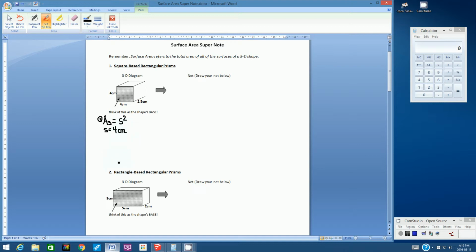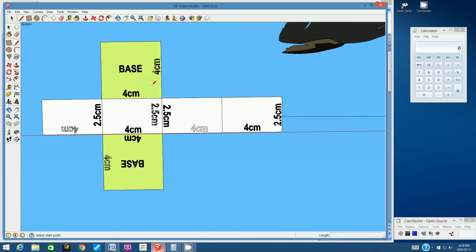Okay, so let's substitute what we know into our formula. Area equals 4 times 4 equals 16 centimeters squared. So 1 square is going to be 16 centimeters squared for its area. But how many squares were there in your net? Well, there were 2 bases and they were congruent.